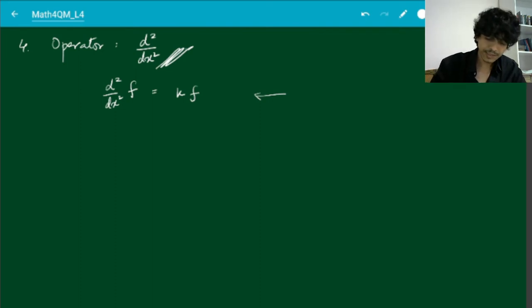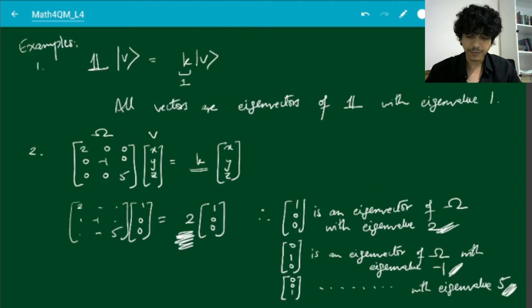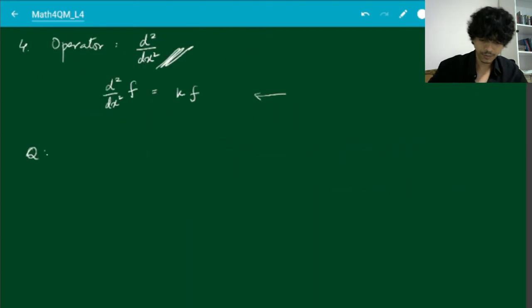So the question is, we've seen a few examples now. When we are talking about the vector space of functions, it's still relatively easy because you're just solving a differential equation and you're finding out what the eigenvectors are. But if I give you some random matrix like the one over here in the second example, how exactly do you find what the eigenvectors and the eigenvalues are? So that is the question that we want to ask.